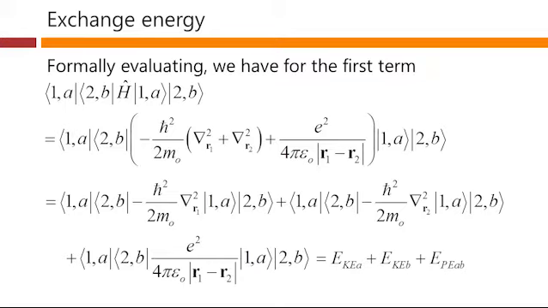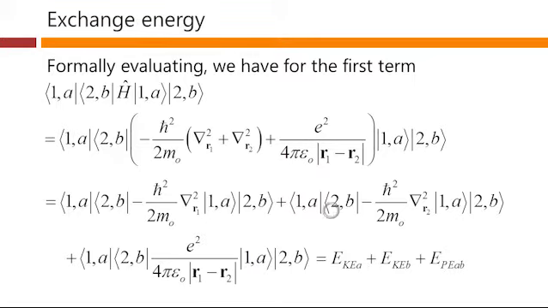We see here that this EKEA term is this one, this EKEB term is this one, and this EPEAB is this term. So this term here is really a kinetic energy term for the particle with coordinate R1, and in that case here, that particle is in state A.